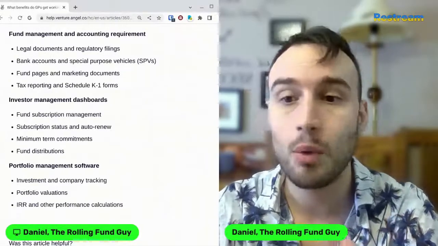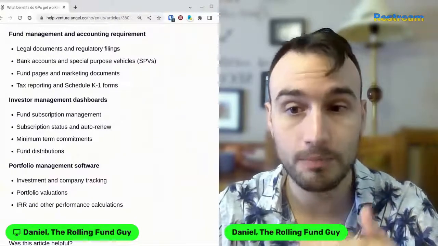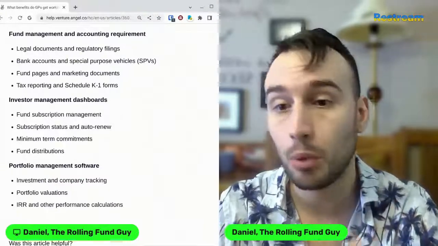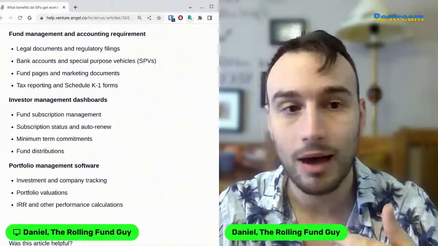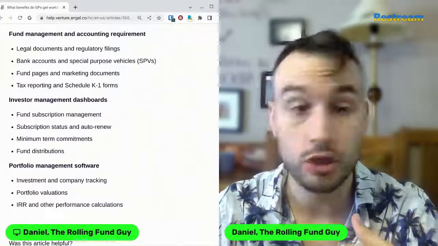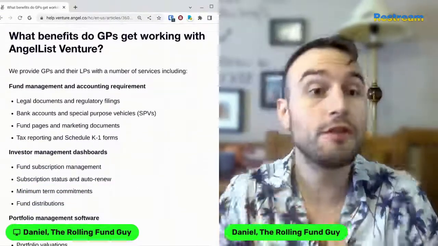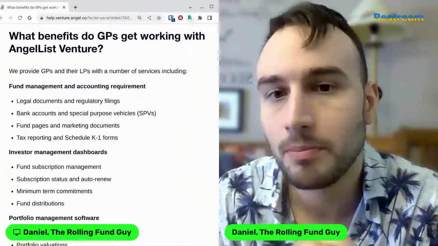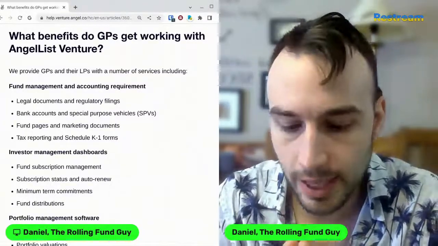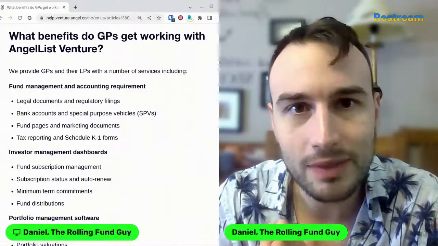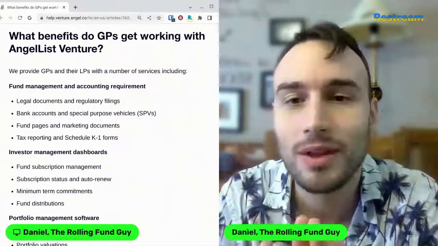We also provide portfolio management software, investment and company tracking, portfolio valuations, IRR, and other performance calculations. Which is a fun thing to note about the AngelList product. AngelList is a software company that doesn't sell software.